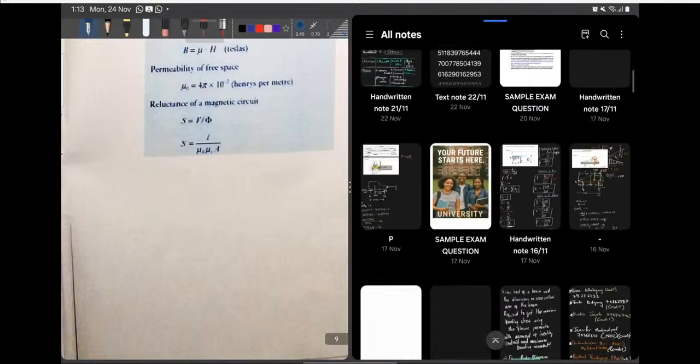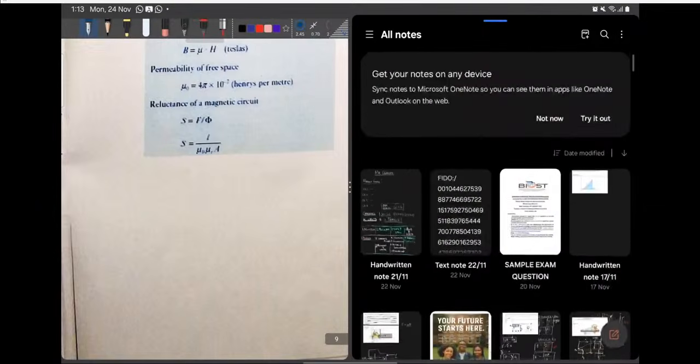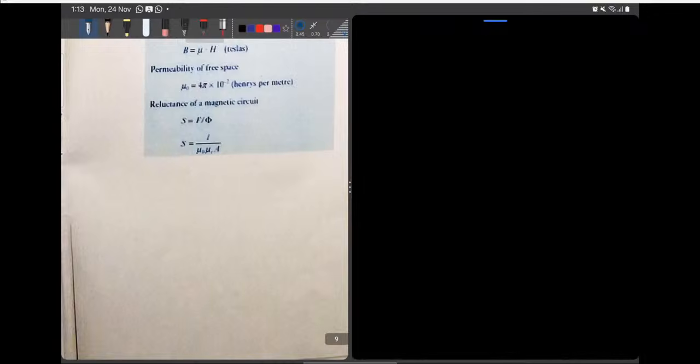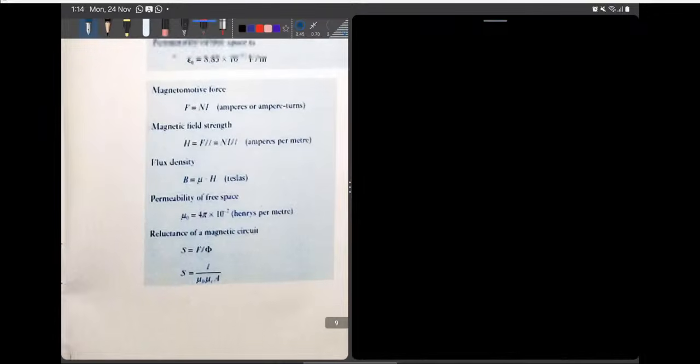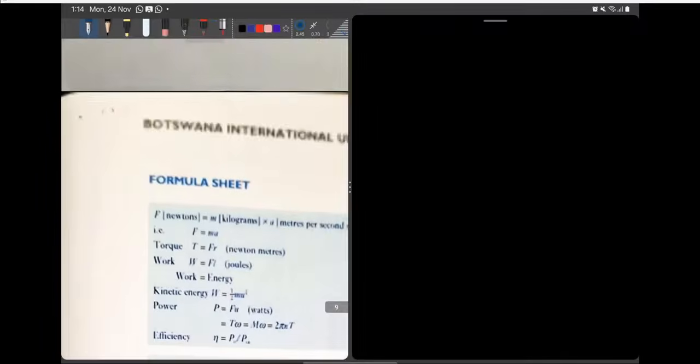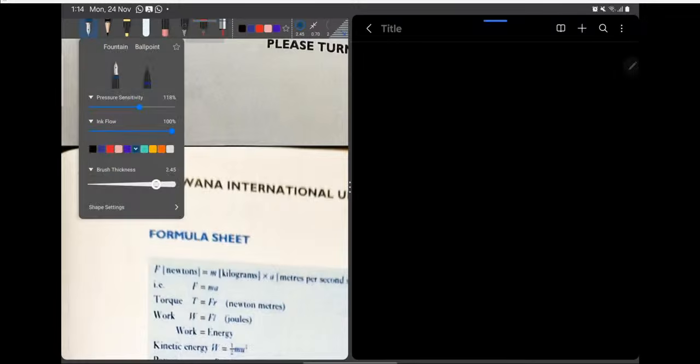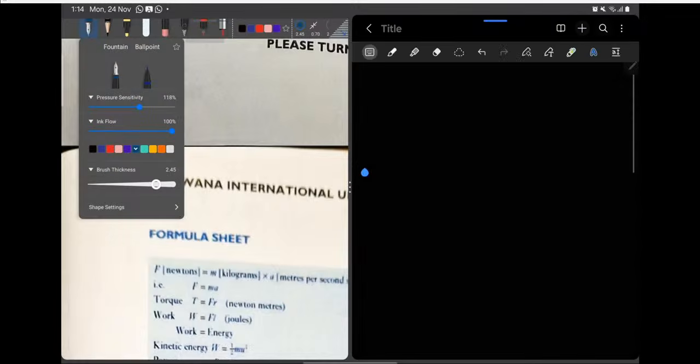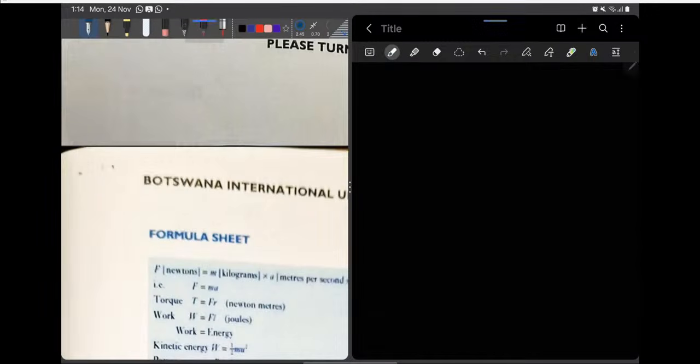Okay, there we go. So from here, I now create my new notebook. Okay, I've tested. It's writing good.